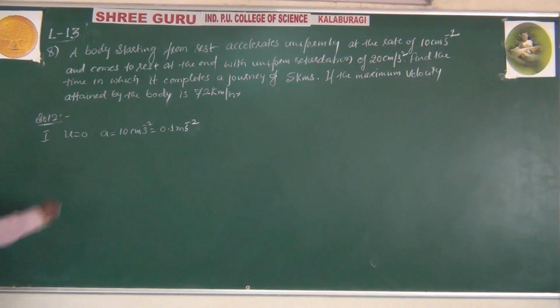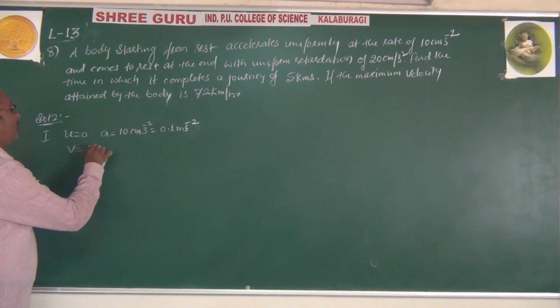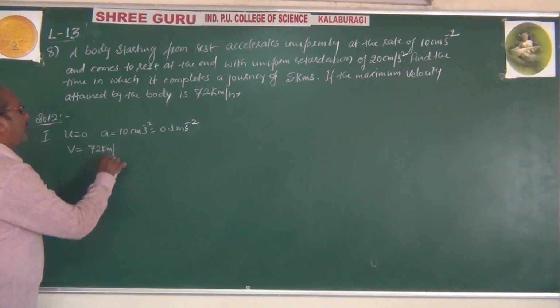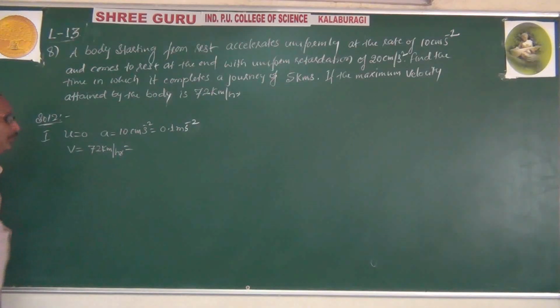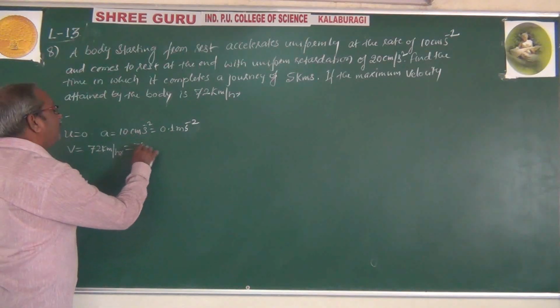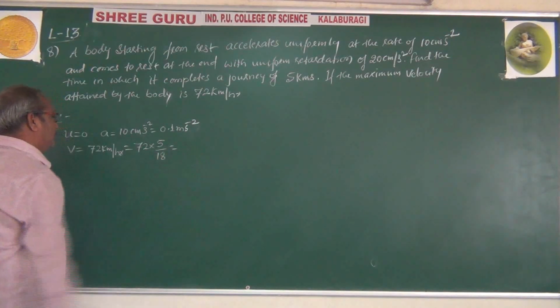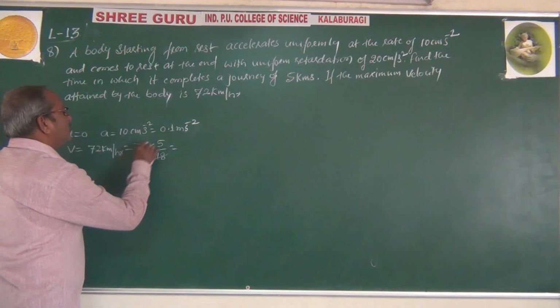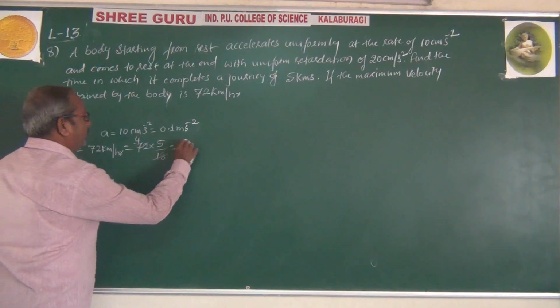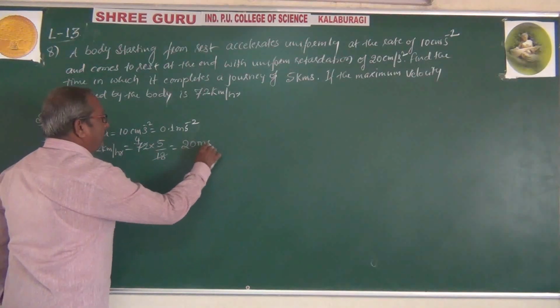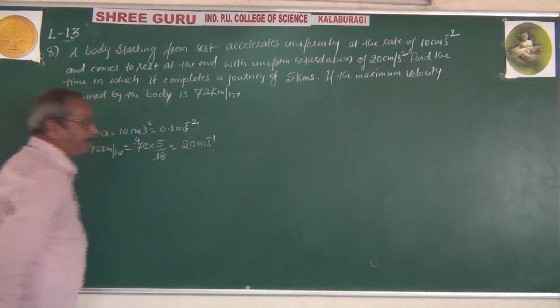But maximum velocity attained v equal to 72 kilometer per hour. And already I told in the last class you have to convert kilometers per hour into meters per second. For that you have to multiply by 5 by 18, this is 18 4s are 72, 4 into 5 is 20 meters per second.